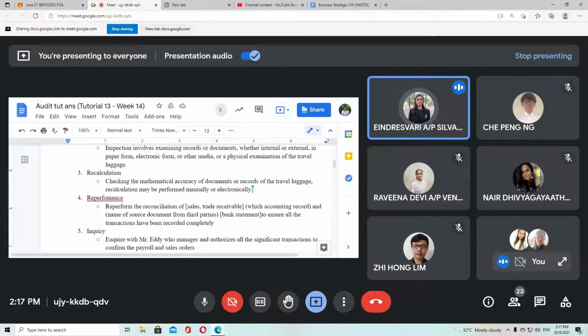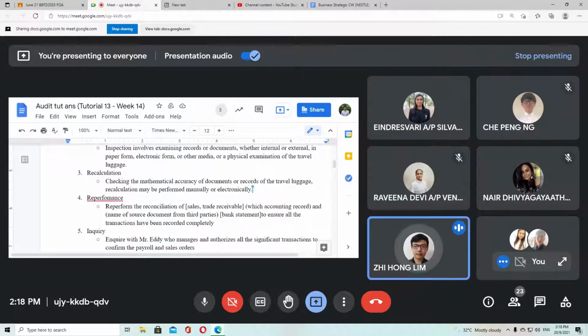Next, re-performance. Re-perform reconciliation of what? Sales receivables. Which accounting record? You put back the same question as mine. I'm not sure whether it is correct, because this one is based on the bank statement from the third parties, to check whether our sales is recorded correctly or not.